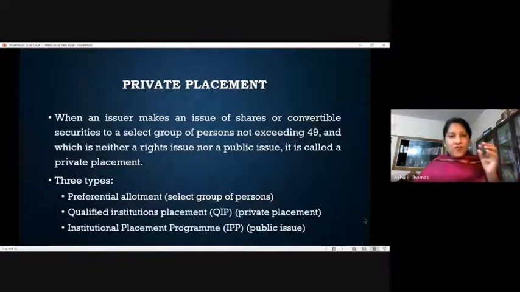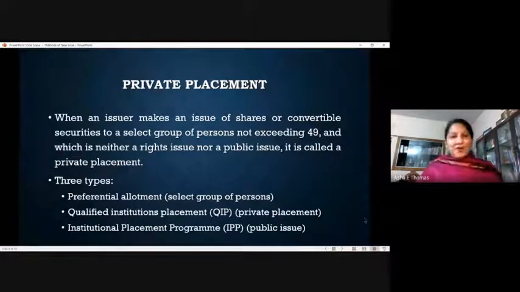The offer is open to a selected group of persons not exceeding 49. That's laid down in the Companies Act 2013, where it says that the selected group of persons should not exceed 49 in number. So that's how they go with the private placement.